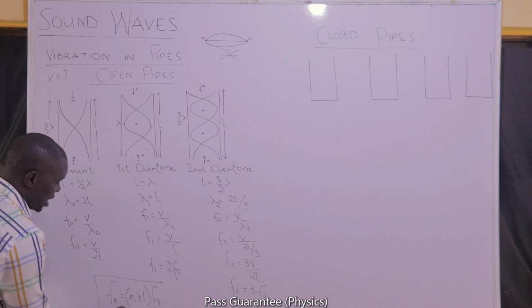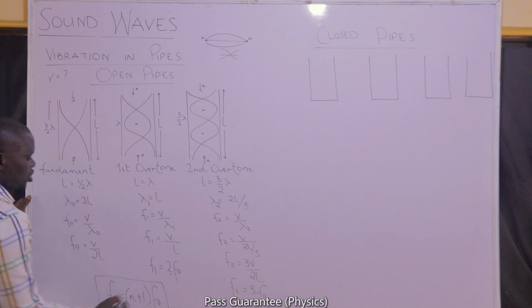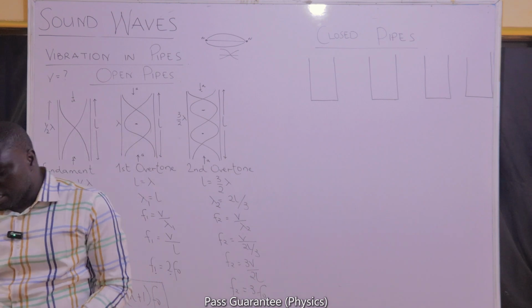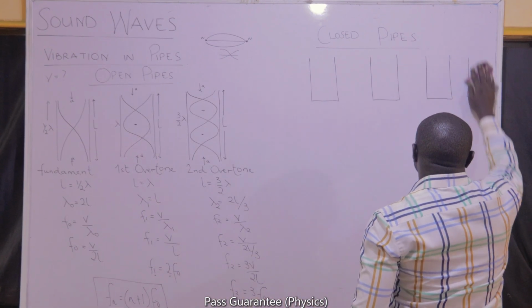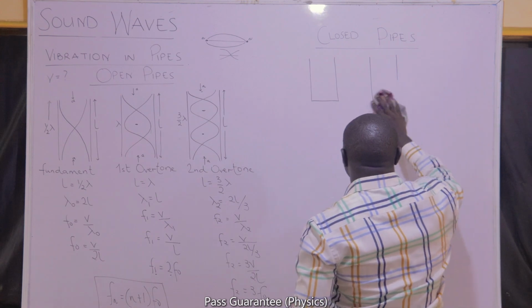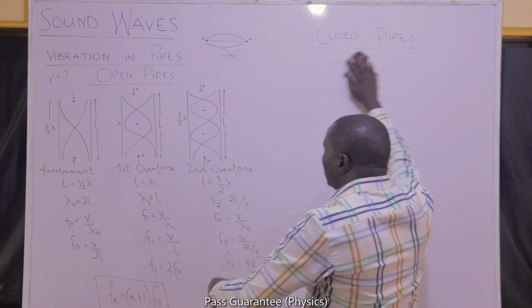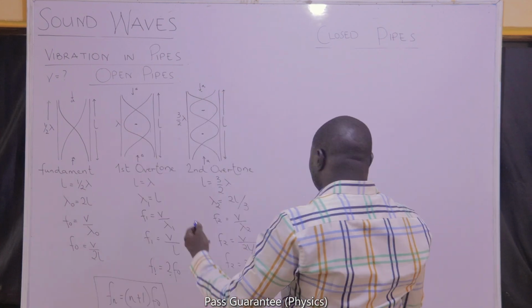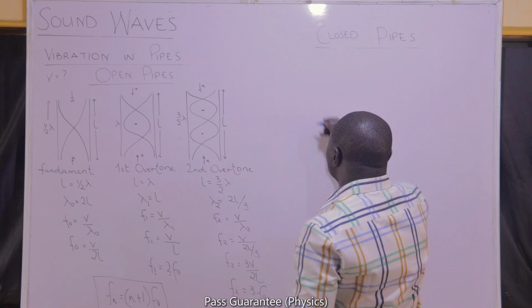Like I said earlier, this number represents the overtone, while the number you are using to multiply the fundamental frequency to get them represents the harmonics. Now, closed pipe. So the combinations that you have for open pipe are just the same as the combination that we had for strings. Now we can continue with closed pipe.